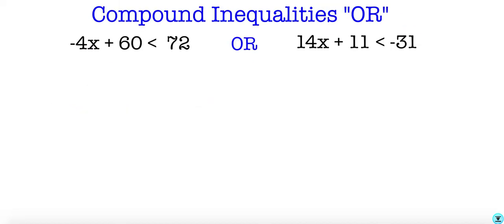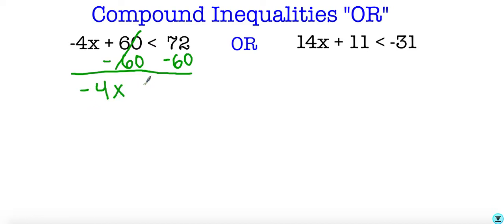Here we have another example. -4x plus 60 is less than 72, or 14x plus 11 is less than -31. So we're going to do the same thing, isolate our x. Opposites cancel out.